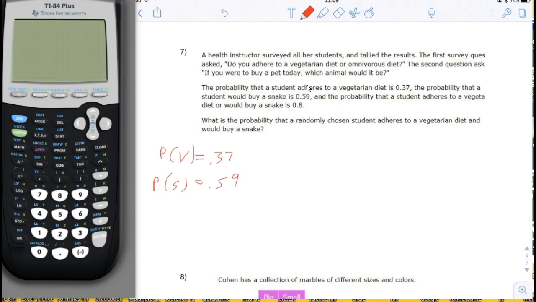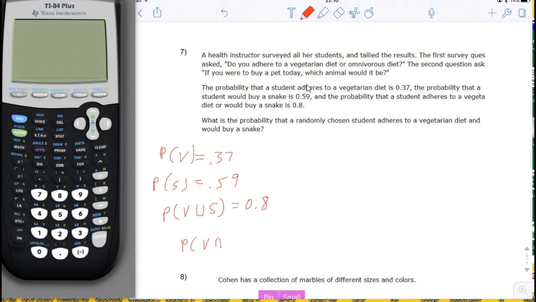The probability a student would buy a snake is 0.59. The probability that a student adheres to a vegetarian diet or would buy a snake, which would be V union S, is 0.8. What is the probability that a randomly chosen student adheres to the vegetarian diet and would buy a snake?